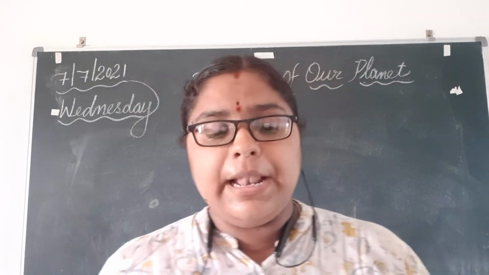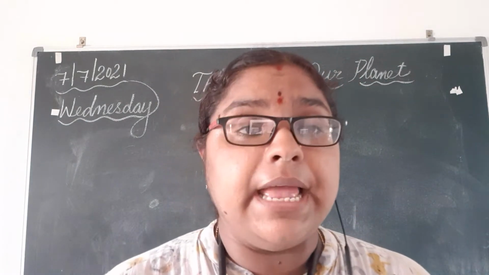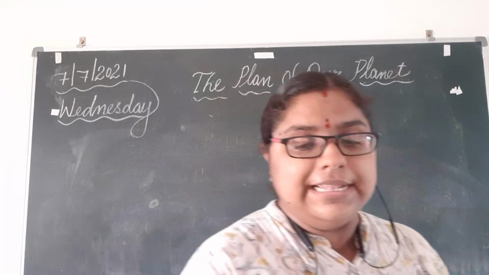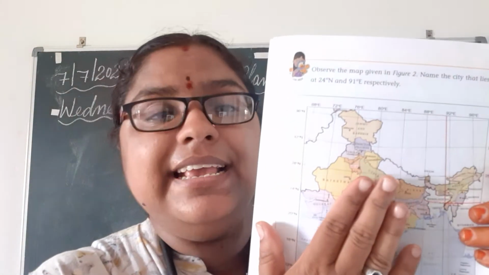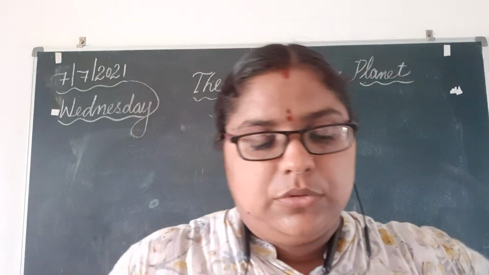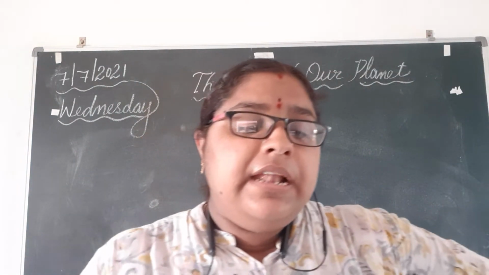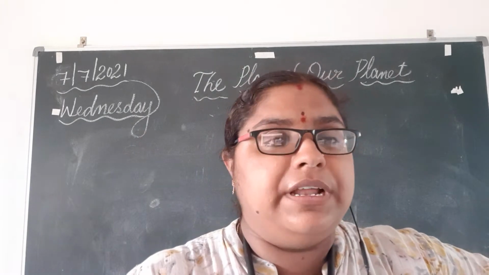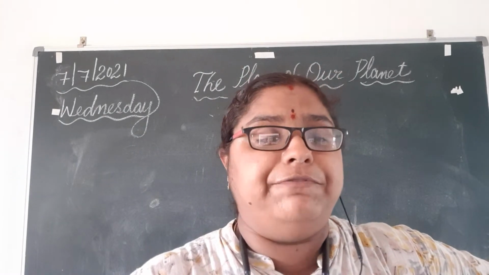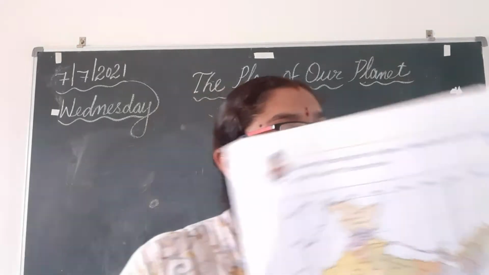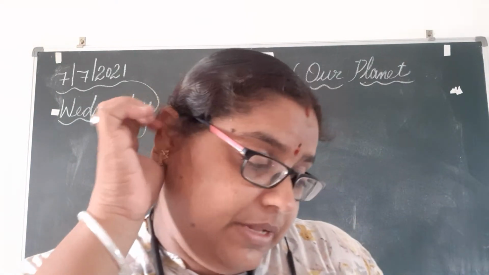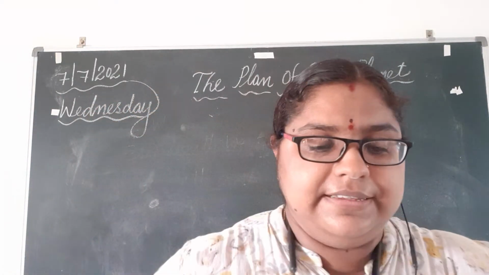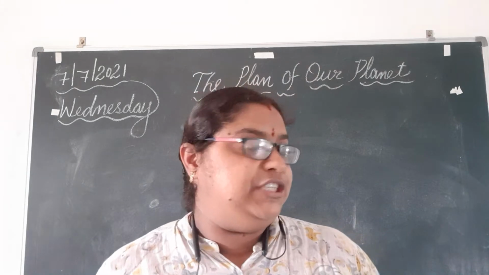These colors and symbols help us read and understand the map easily and better. Different colors are used to represent a variety of information. We can see different colors here, and these different colors represent variety of information.